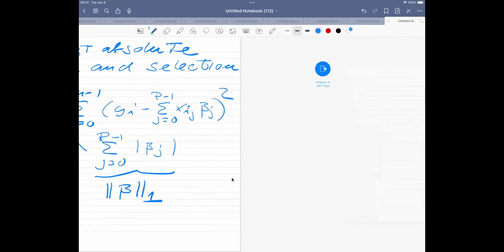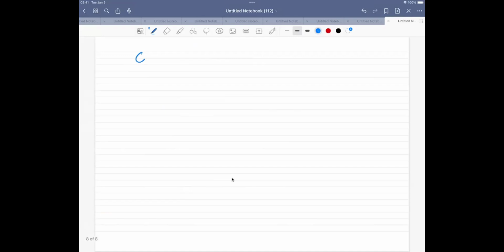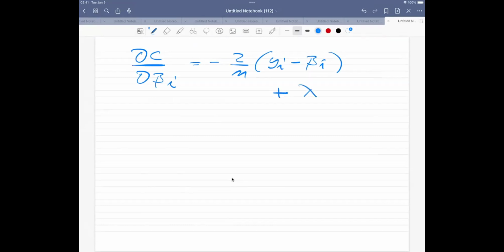So in that specific case, we take the derivative with respect to beta I, which is minus 2 divided by n of y of I minus beta of I. And then I have plus, and now I'm taking the derivative of an absolute value, so I need to have beta of I in the denominator, like that.